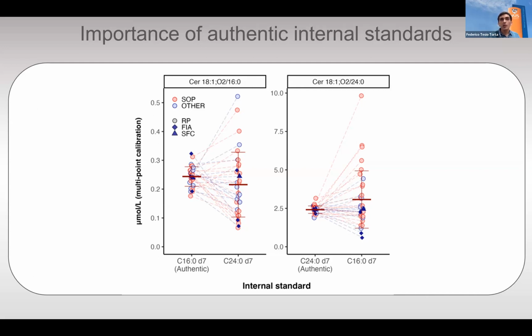In this figure, you can see a simplified representation of our results with only 2 standards, but they all behave in the same way. In one case, we estimated the concentration and the CVs between the labs of ceramide 16:0 by using the authentic standard for 16:0 or the deuterated standard for 24:0. And on the right side, we did the opposite.